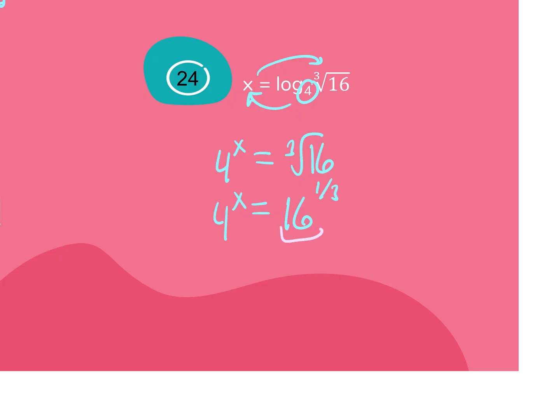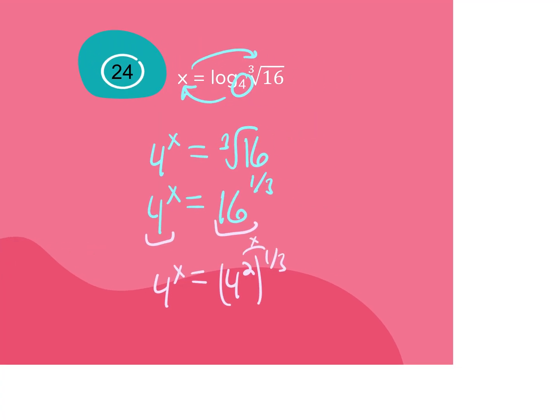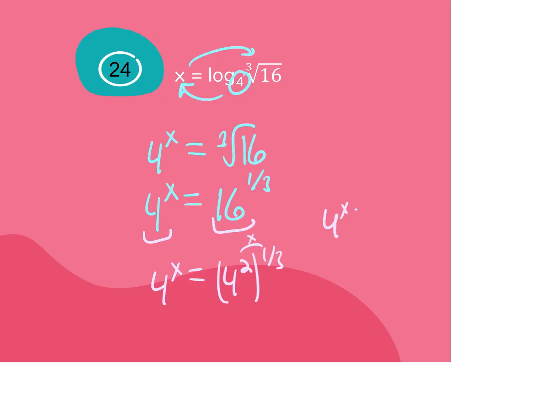And then 16 and 4, I know share a base of 4. So this is 4 to the x equals 4 to the second to the 1/3. And then power to a power you can multiply. And then we're left with 4 to the x equals 4 to the 2/3. And then 1-to-1 property, I could just cancel these out and I get x is 2/3.